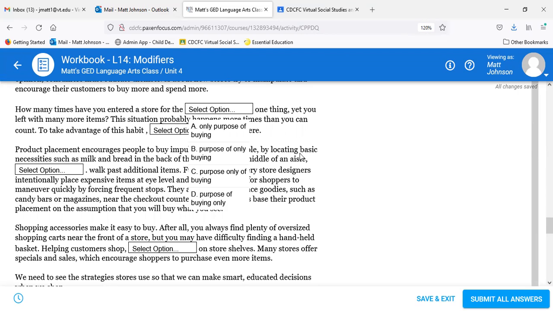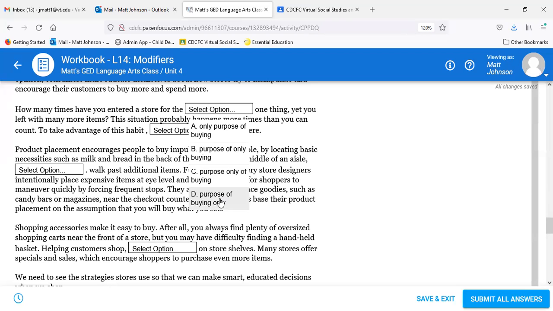Nilda, what do we use here? How many times have you entered a store for the D? Right. So D, purpose of buying only one thing, right?